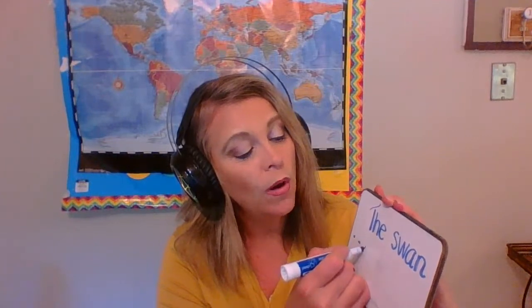Now, if you were to continue this story and continue another paragraph, what would you say would have happened to the ugly duckling that's now a swan? Okay, you could start a new part of the paragraph or story, and you can tell me what happens to the swan.